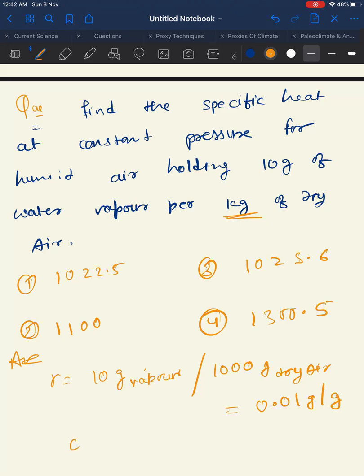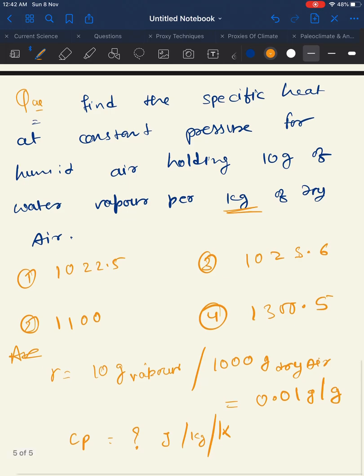Okay, we have to find specific heat, which is denoted by Cp. This is the notation for specific heat, and specific heat is basically joule per kg per Kelvin. It's the amount of heat required to raise the temperature of your body by 1 degree Celsius or 1 degree Kelvin for 1 kg of this material or water.